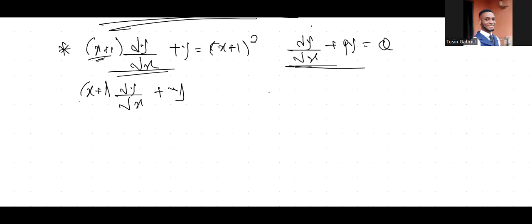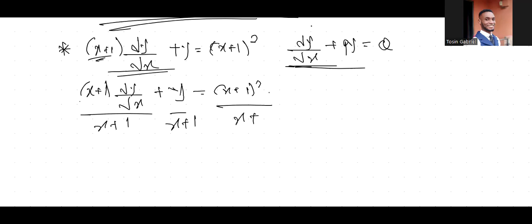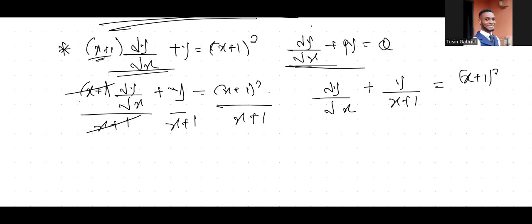We divide by x plus 1, so we remove this. Then we have that dy/dx plus y over x plus 1 is equal to (x plus 1) squared divided by x plus 1.